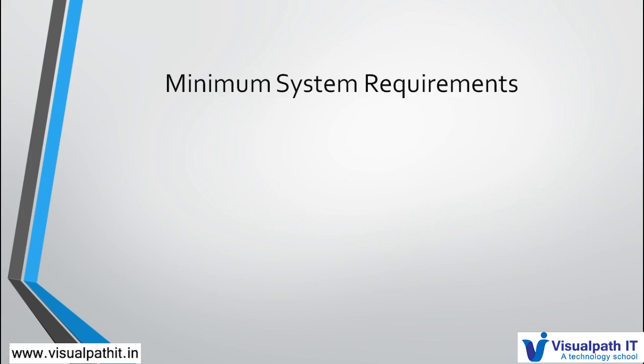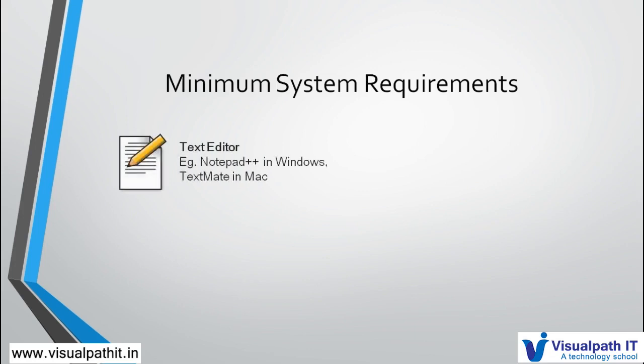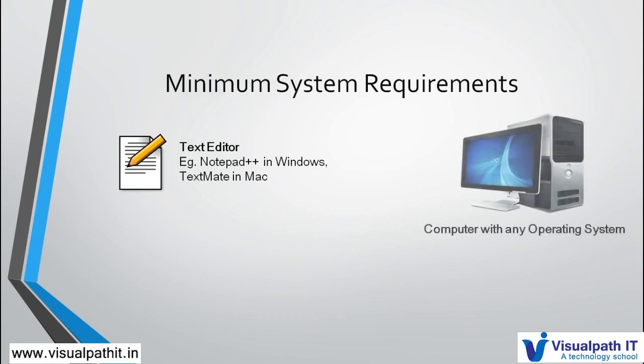Let us understand what the system requirements for HTML5 are. One, you need a text editor to write the markup language. As we discussed earlier, you need a basic text editor, for example Notepad or Notepad++ for Windows and TextMate on Mac.